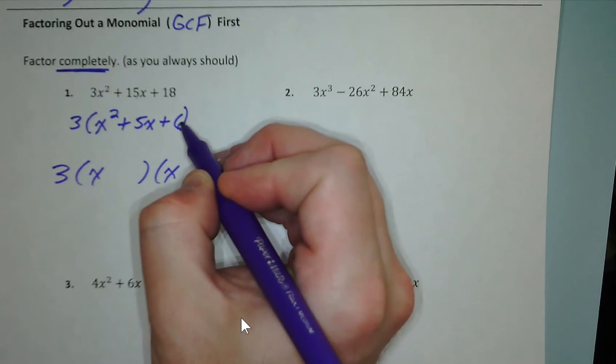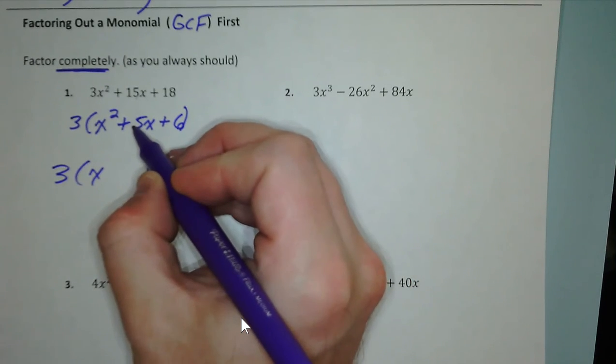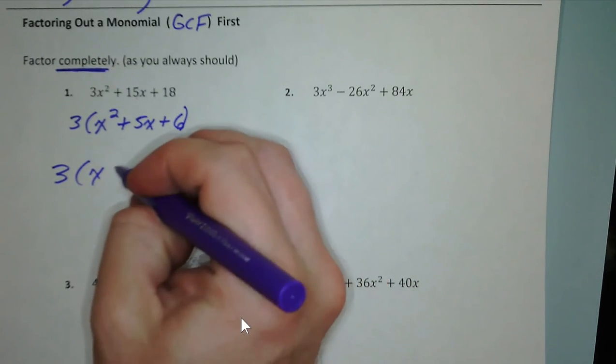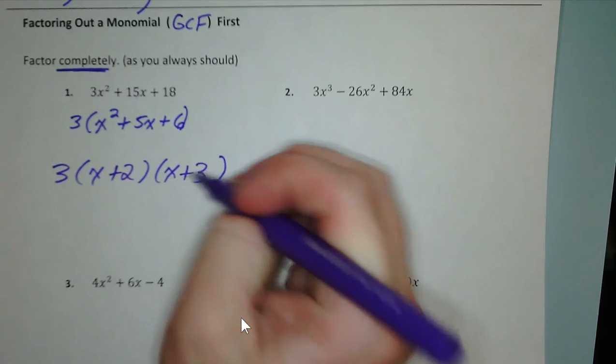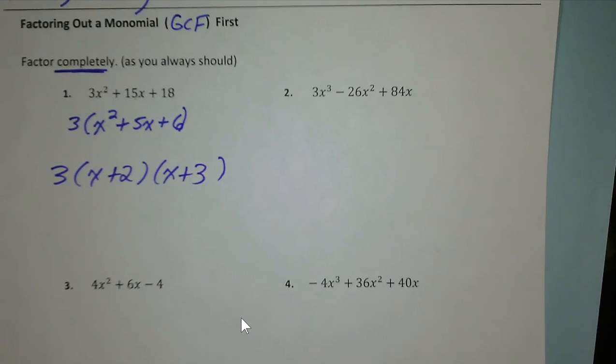What two numbers multiply to make 6, but add up to 5, positive 6 and positive 5? Well, that's pretty simple, actually. Boom, done. Now you're done. So that's the answer to number 1. So sometimes you factor out a GCF, but then you can factor that bubble that's left over. You can factor it again. Of course, this time it would be by unfoil.